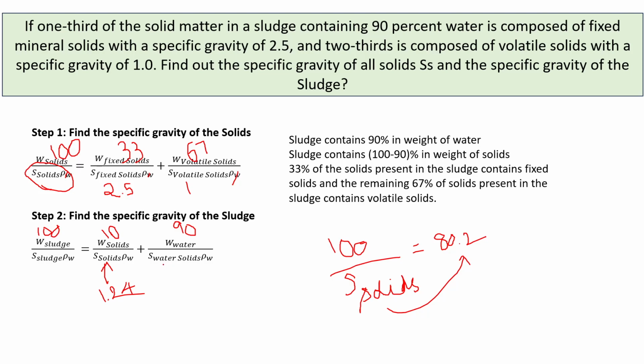Specific gravity of water is 1. Now you make the substitutions and tell me what will be the answer for this. I'll give some 2 minutes time. After that, we will move to the next question. Okay. Bhupender is waiting, so just make the calculations quickly and tell me the answer.